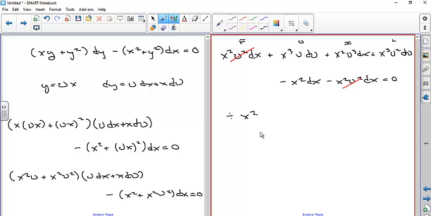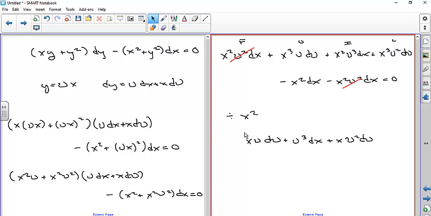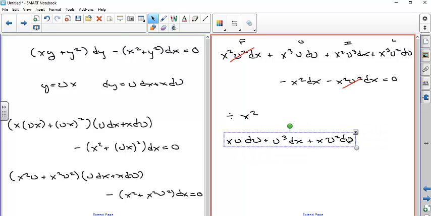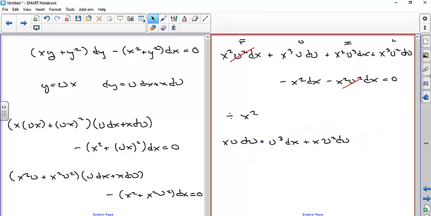So this one becomes x nu d nu. This one becomes nu cubed dx. This one becomes x nu squared d nu. And then we've got one more, which just becomes minus dx.